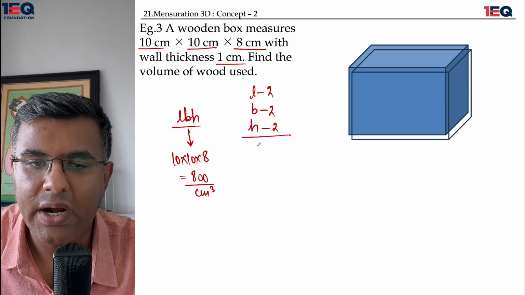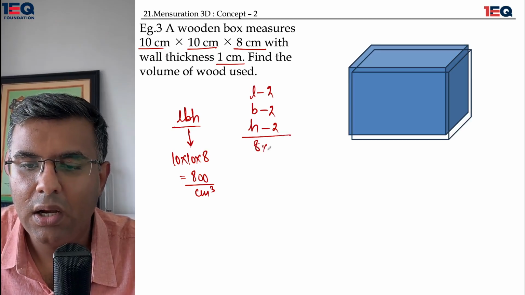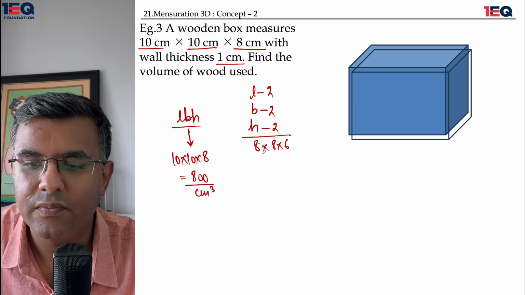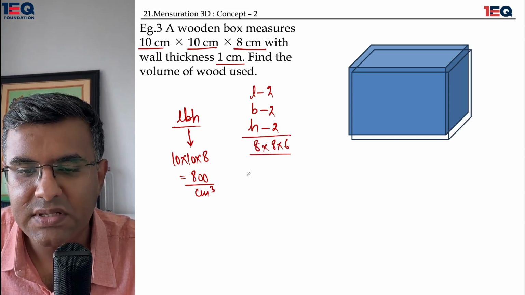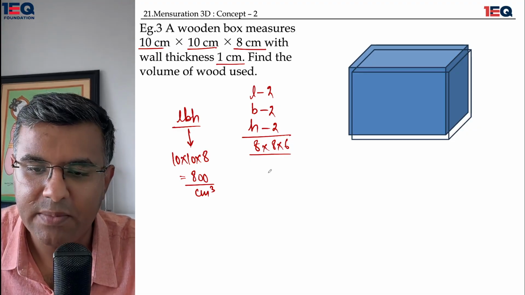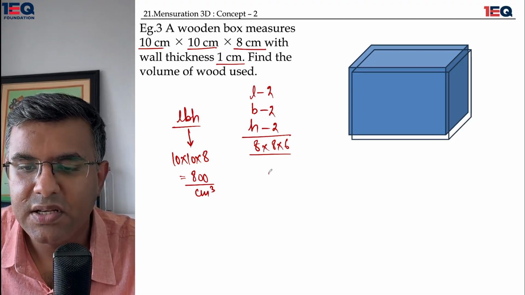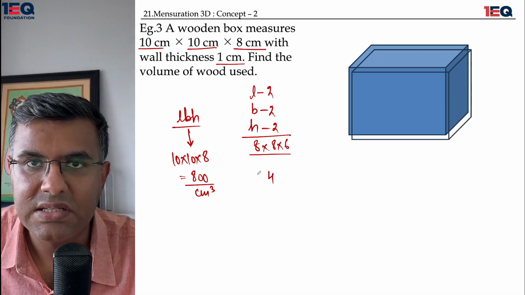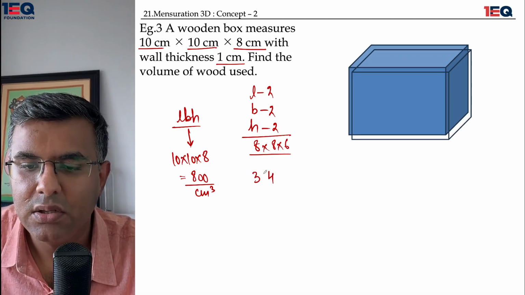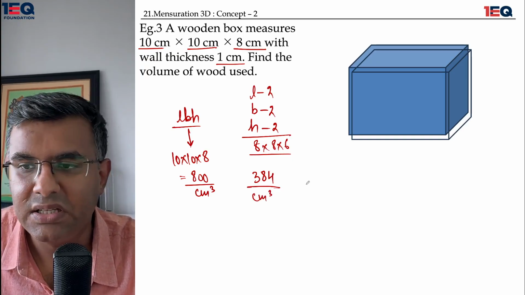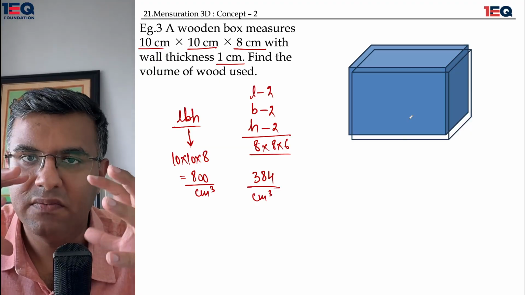Once we do that, we get 8 into 8 into 6. That means 64 multiplied by 6. 6 4s are 24 and 6 6s are 36, so 384 centimeter cube is the volume of the air space inside.